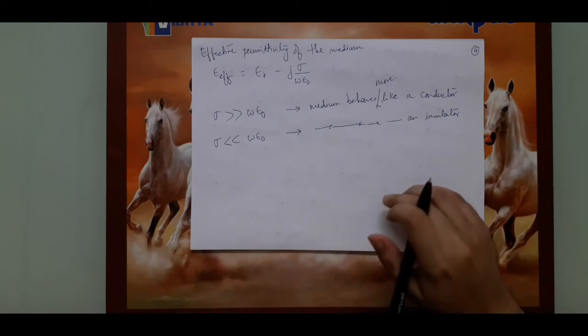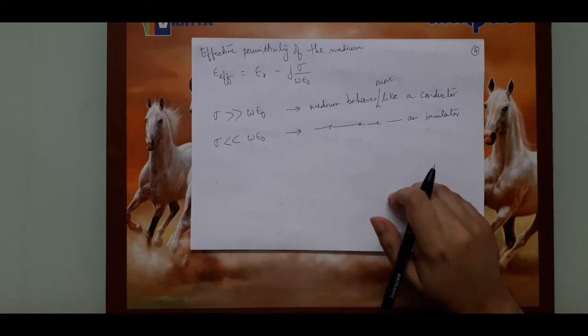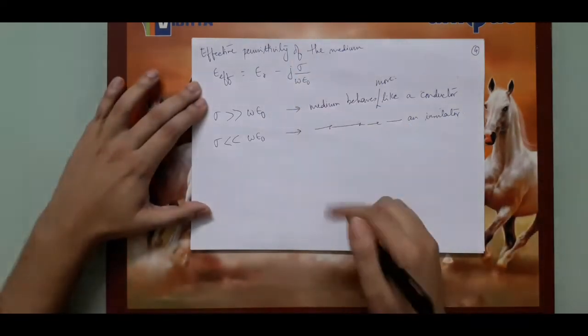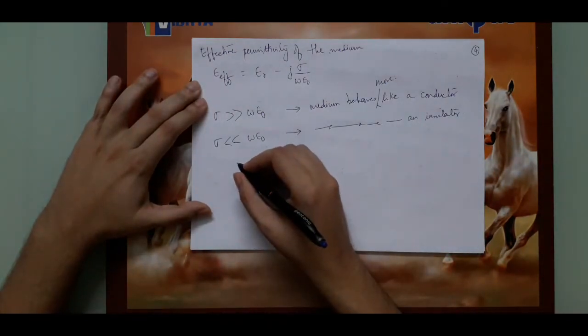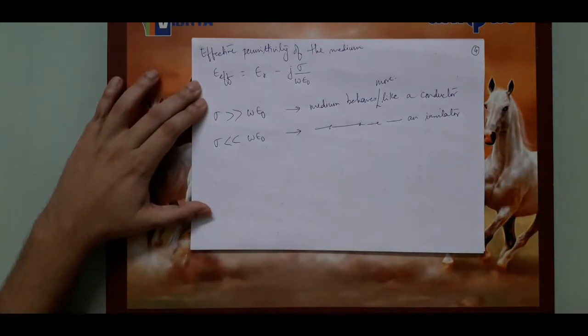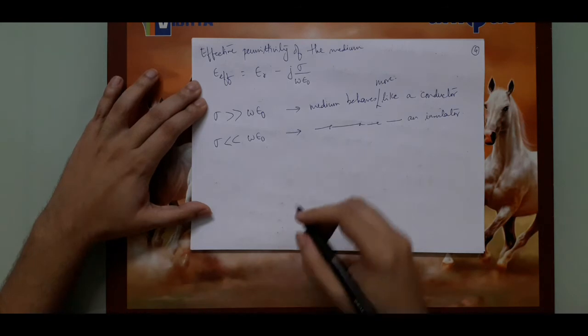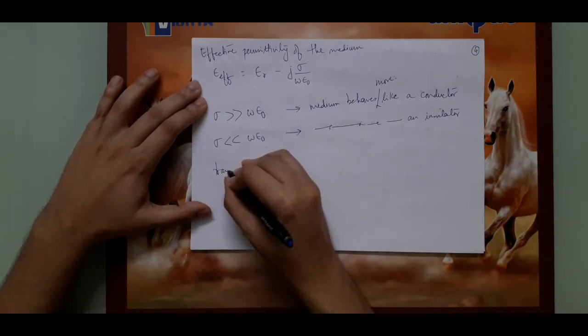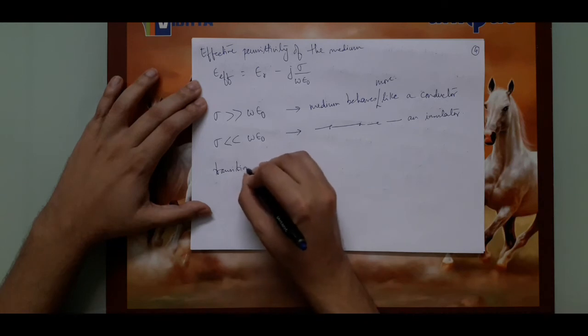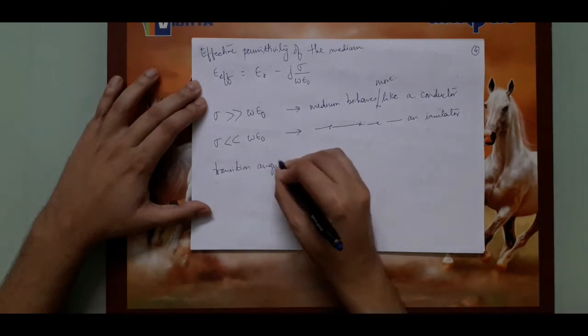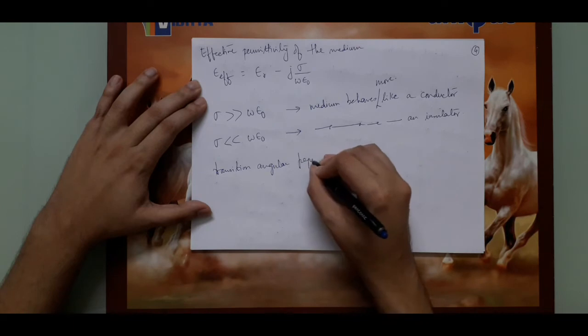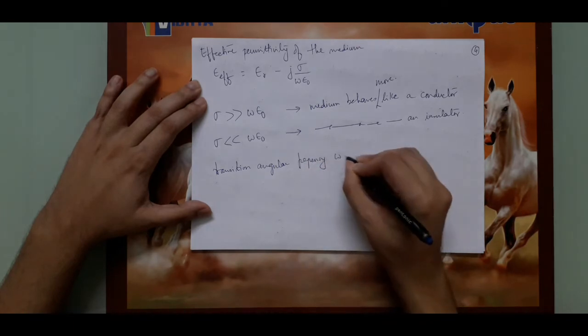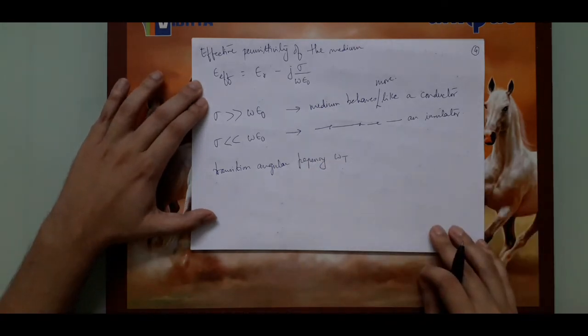Now we can define a quantity called the transition frequency, or the transition angular frequency, that is omega t.